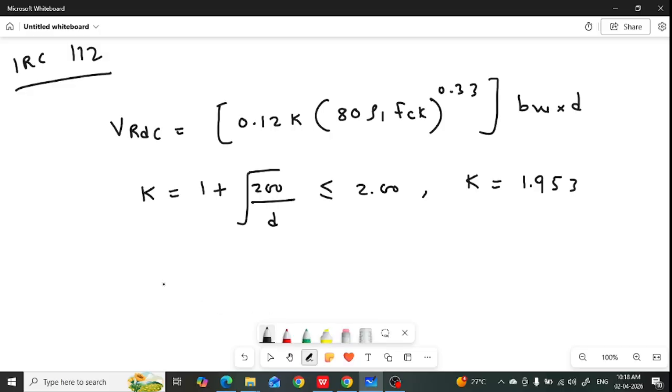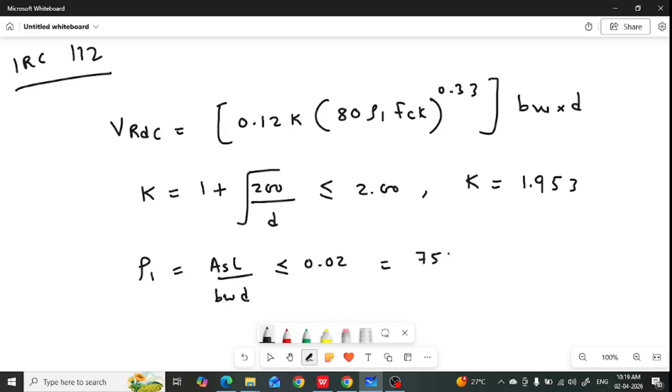And what is rho? They have given the formula of rho also. Rho 1 equal to ASL, area of reinforcement provided, divided by BWD, and this should be less than or equal to 0.02. So what area of reinforcement have you provided?